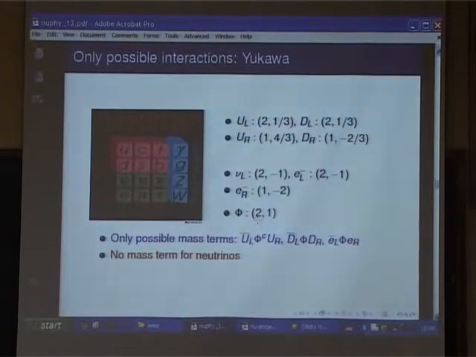What is the second number? The second number gives you the weak hypercharge, that's Y. These are just Y values: 1/3 for left-handed quarks, 4/3 and -2/3 here, -1 for left-handed leptons, -2 for the right-handed electron, and 1 for phi. That's given.